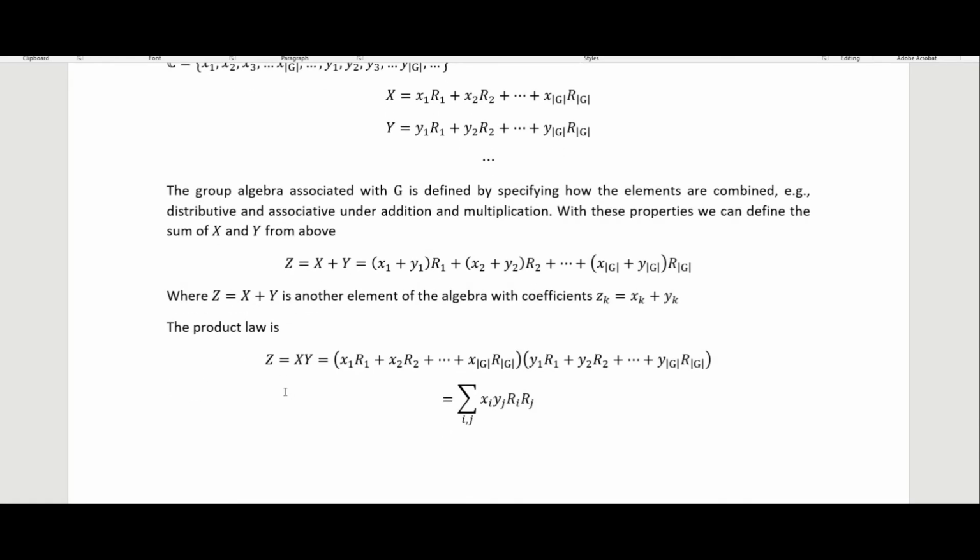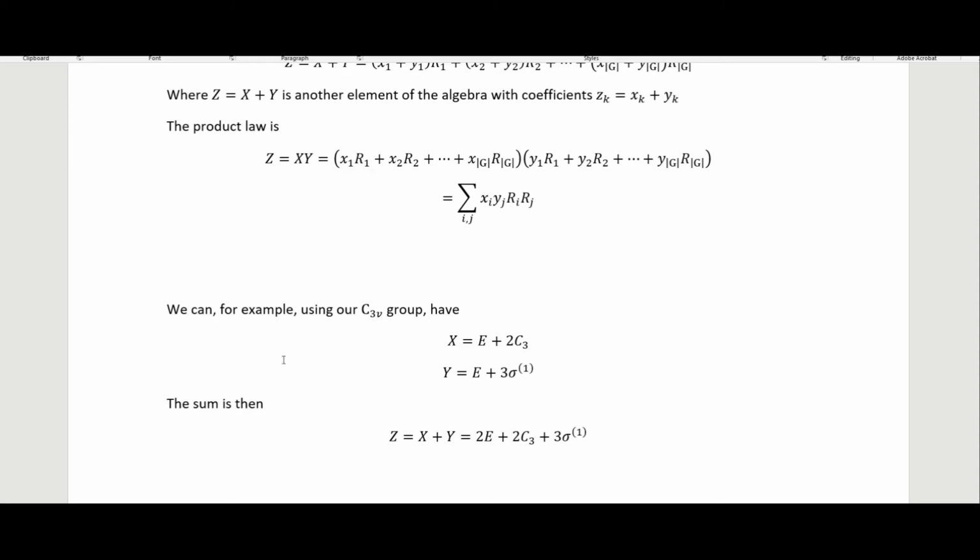And so the product law is essentially just doing FOIL, which we can represent more compactly like this. And we can make it more concrete using our C3V group here.